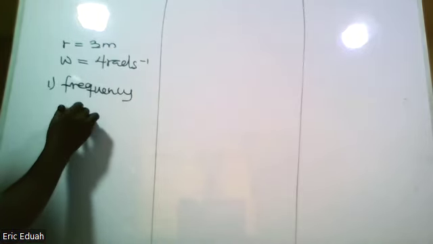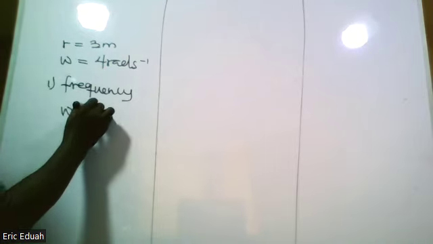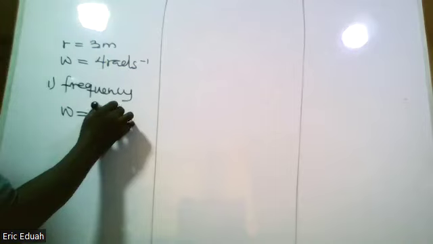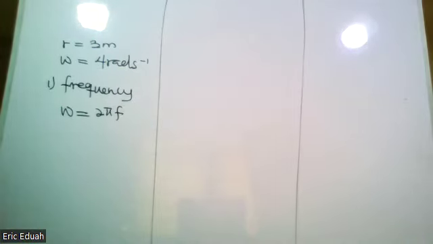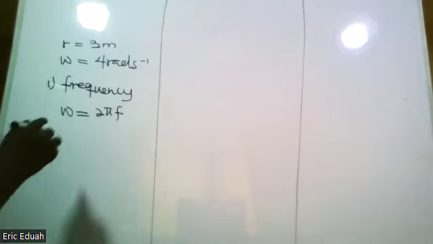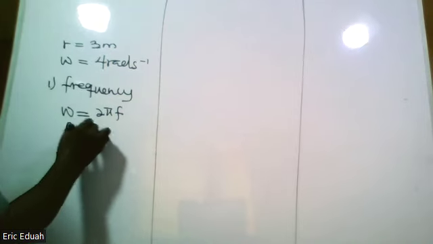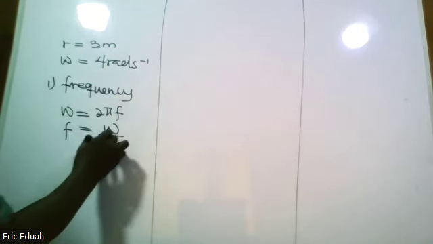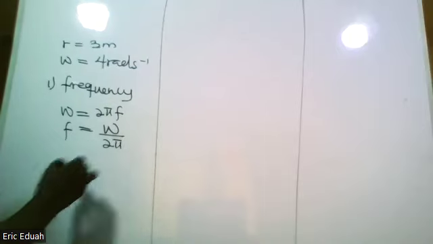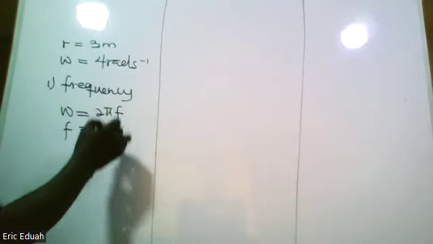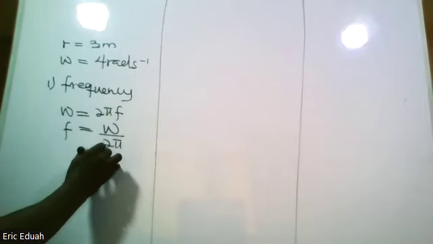Omega is equal to 2 pi f. Yes, that's what you need to do. So f, therefore, would be omega over 2 pi. Good. And omega is 4 over 2 pi.